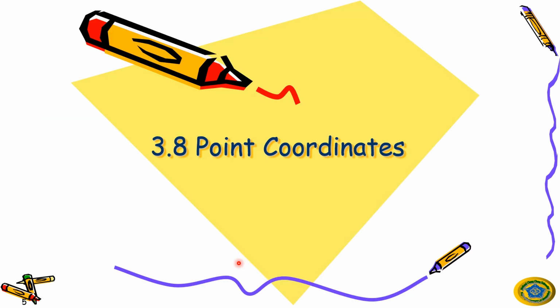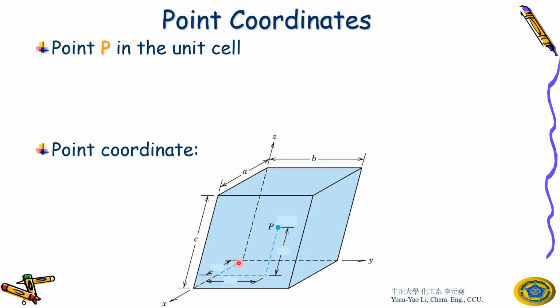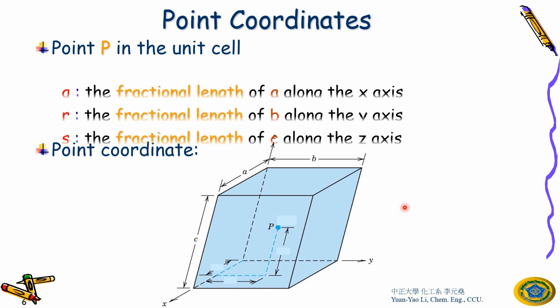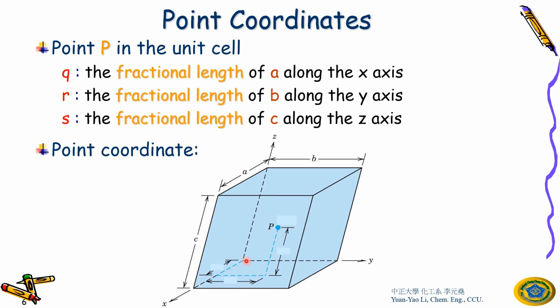So first of all, let's talk about the point coordinates. For example, you have a point here. How do you address this? Of course, I'm sure you learned this before. For example, the length of the x-axis is a, and q is the fractional length of a along the x-axis, so you will use qa here, right?